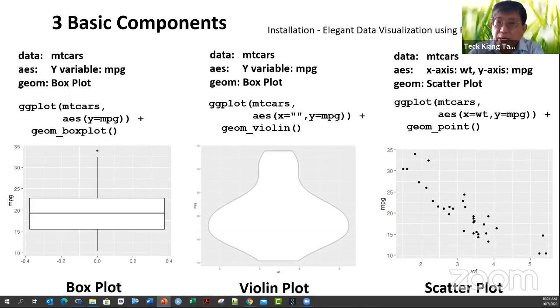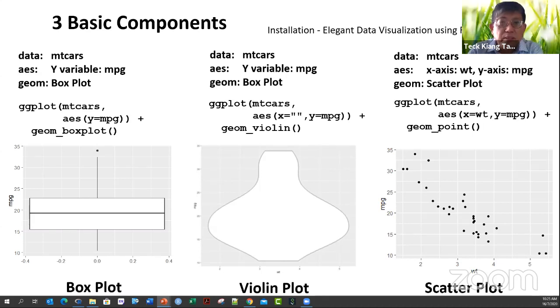So this is a violin plot, because it looks like a violin, and that's why it's called a violin plot. We have to specify from mtcars what is the y-axis, what is the x-axis, because we only select one, so we put the x-axis as a blank one. Then we say geom_violin, and we get a violin plot. In between, we must put a plus.